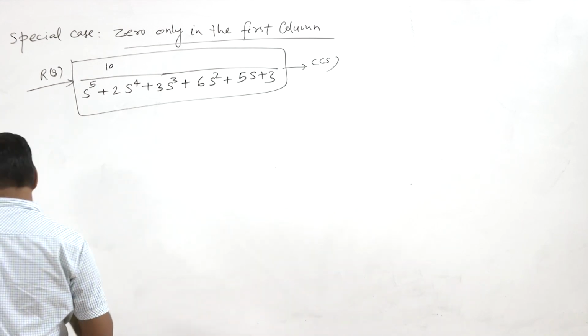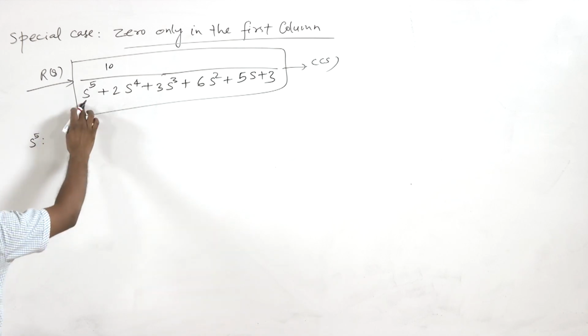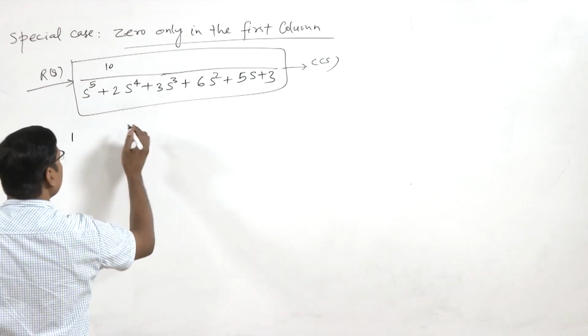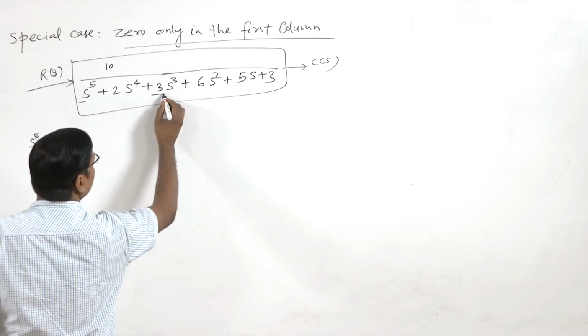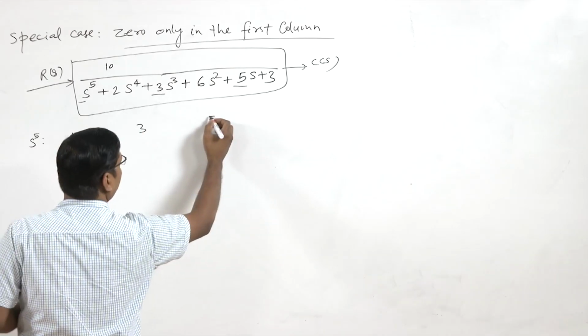Now, let us try to make the Routh table. So, s power 5 we have 1, then 3, then 5.